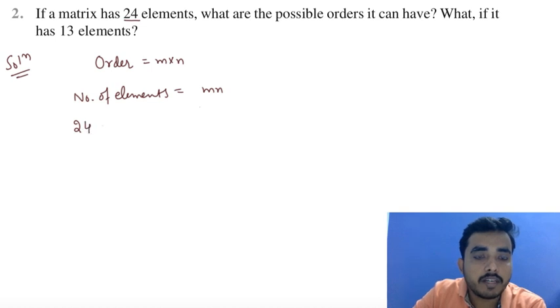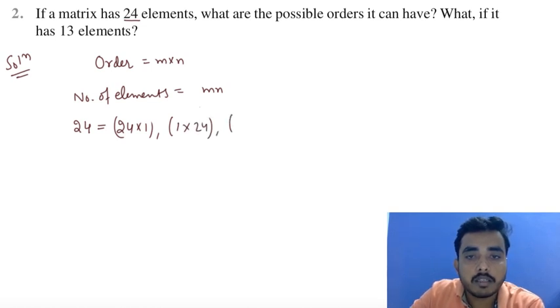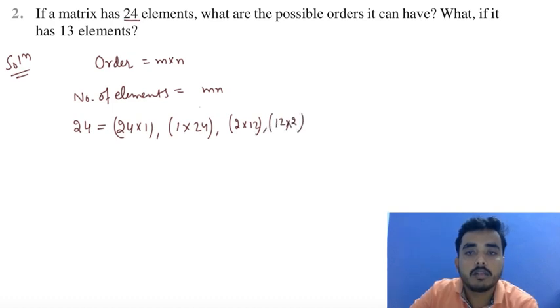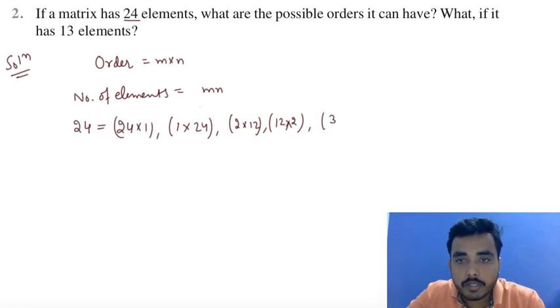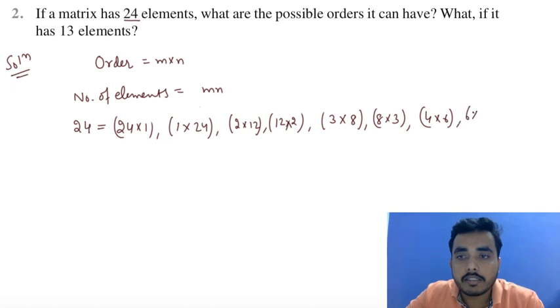So we are given that the number of elements is 24. So now we need to find only the factors of 24 into two parts. So this can be 24 into 1, 1 into 24 also, 2 into 12, 12 into 2, and this is 3 into 8, 8 into 3 is also there, 4 into 6, and this is 6 into 4.